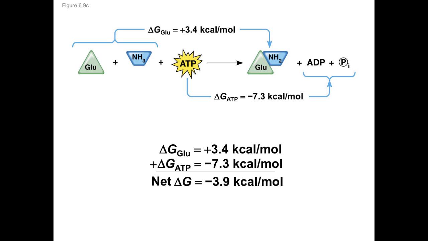Although the reaction of ammonia and glutamic acid to make glutamine is non-spontaneous, the hydrolysis of ATP to ADP is spontaneous. It releases more energy than is needed for the first reaction. If you add the 2 delta G's together, you can see overall the 2 reactions have a negative delta G. So we can do these types of reactions in the body if we have ATP.